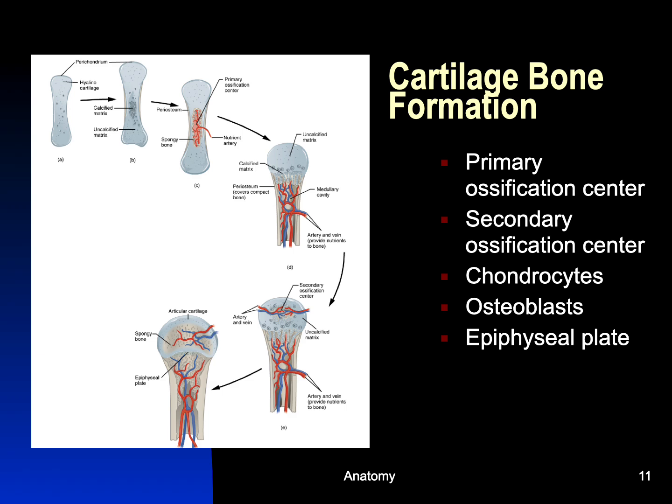This usually happens first in the diaphysis, which we refer to as the primary ossification center, and then later in the epiphyses. And so these are the secondary ossification centers.